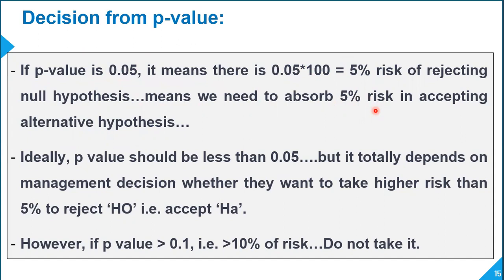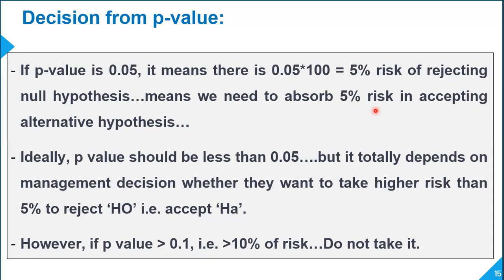It's just like a give and take kind of situation. Take alternate hypothesis, but also accept the risk of that percentage. So accepting alternate hypothesis, or rejecting null hypothesis, both are the same thing. If you want to do that, you also need to accept certain risk.